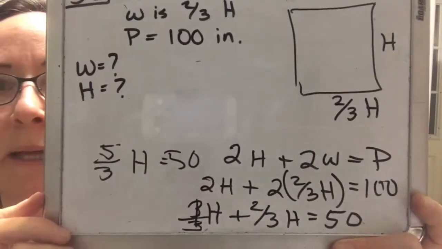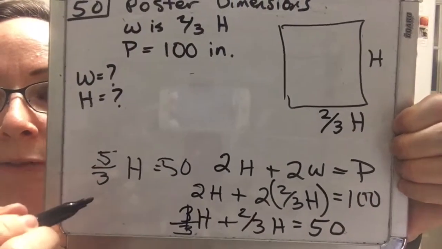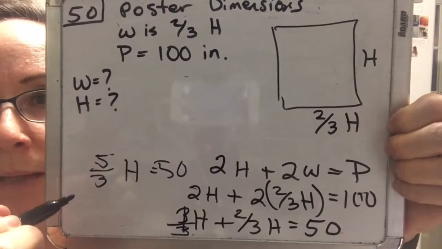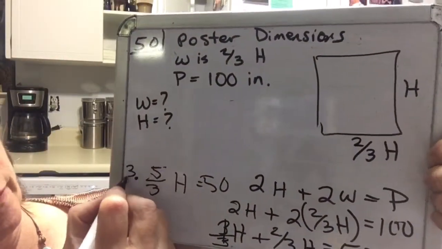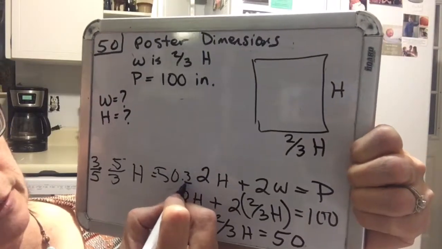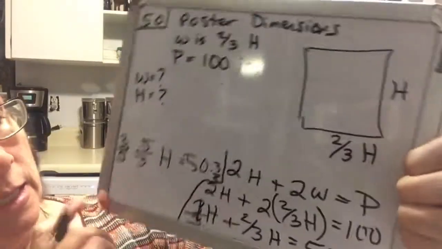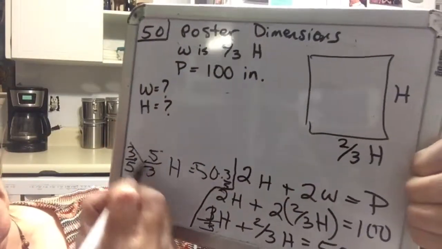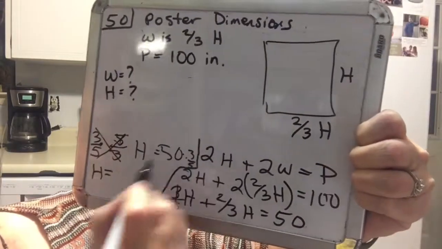Well, that was kind of sloppy. But when we're trying to get rid of a fraction, we can easily multiply by its reciprocal. So I'm going to multiply this side by 3/5, but I also have to multiply this side by 3/5. Okay, so I end up just getting H equals 3/5 of 50.